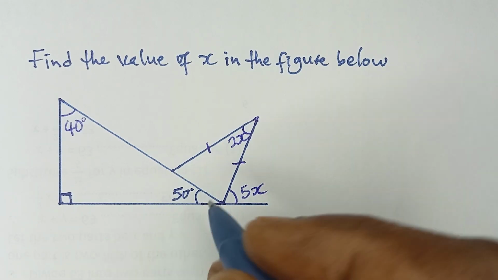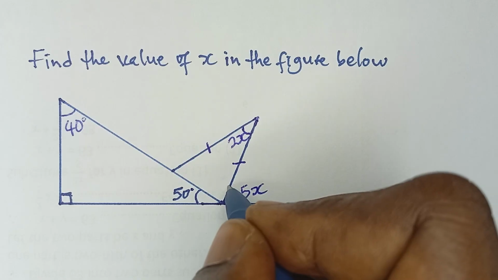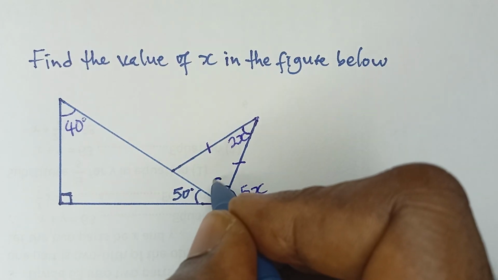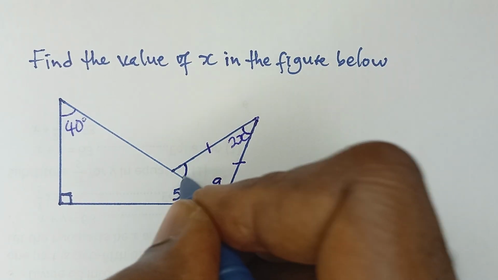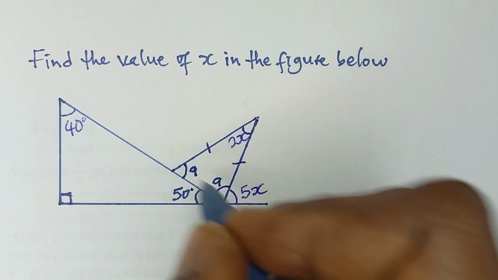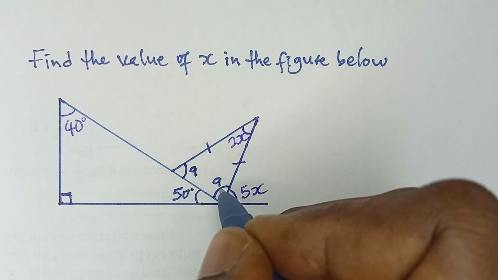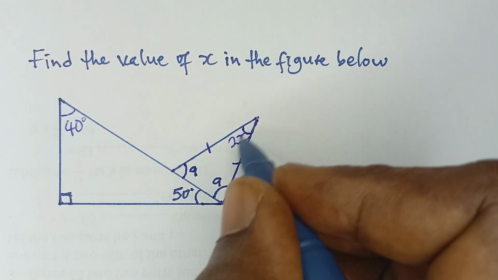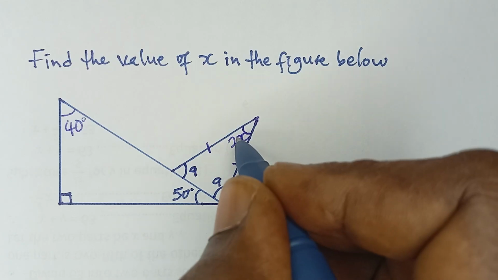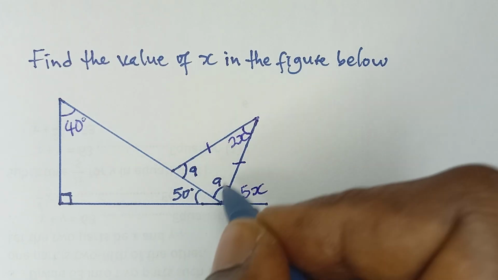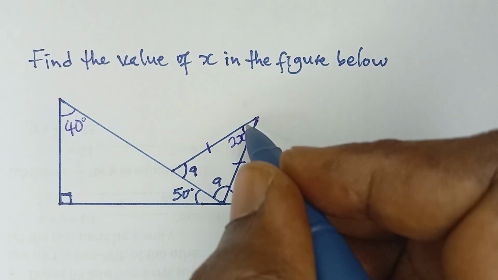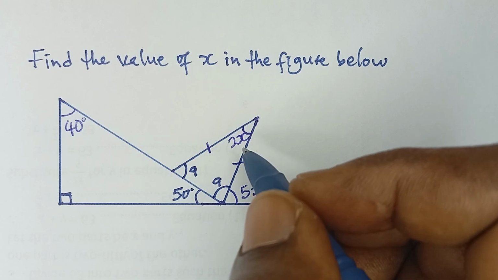So let's take this as angle A. If this one is angle A, then this will also be angle A, because the base angles of an isosceles triangle are equal. Now, looking at this triangle as a whole, you agree with me that the sum of angles in a triangle add up to 180 degrees.